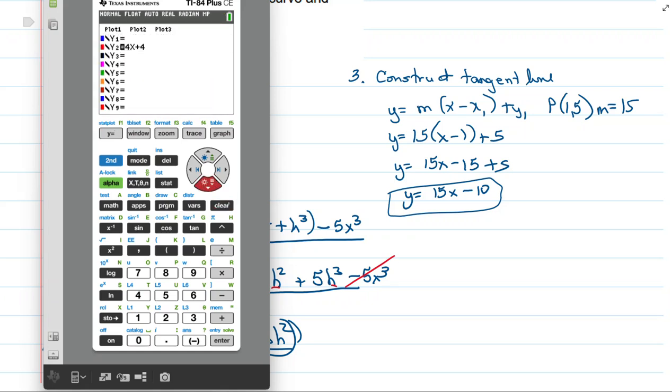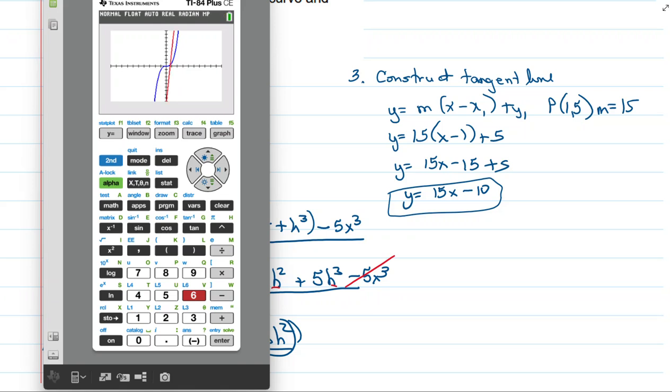We're going to clear out what we've got, and I'm going to put 5x cubed, and then I'm going to put the 15x minus the 10. And I'm going to go zoom 6. I'll adjust it after I look to see what I have.